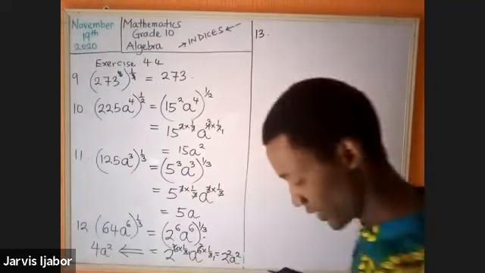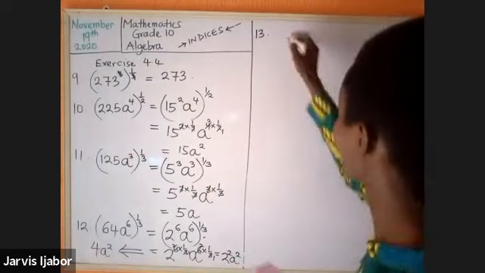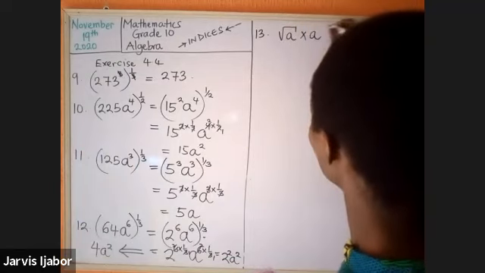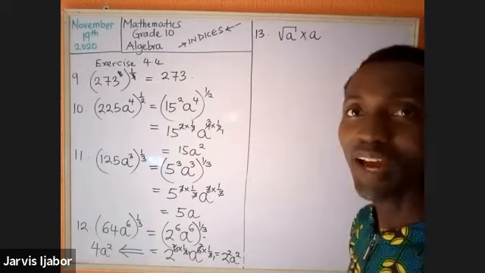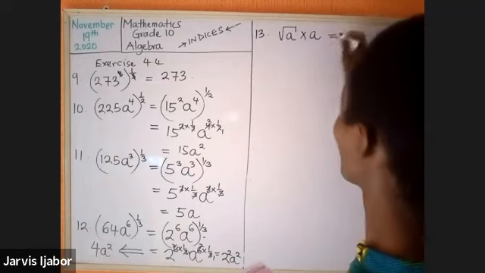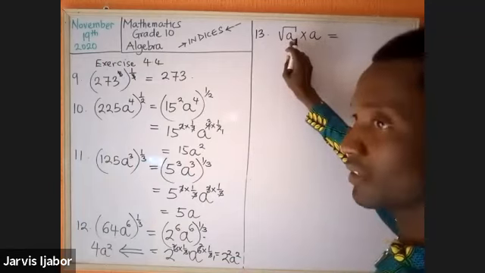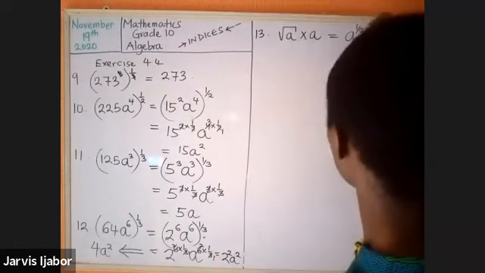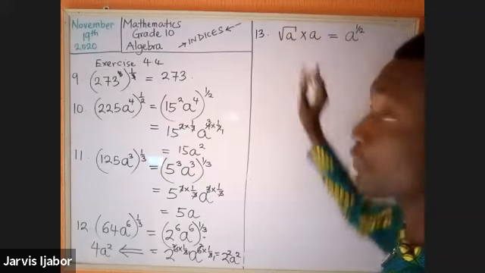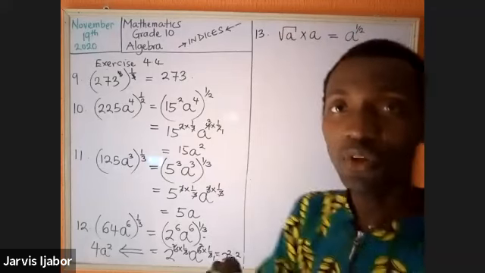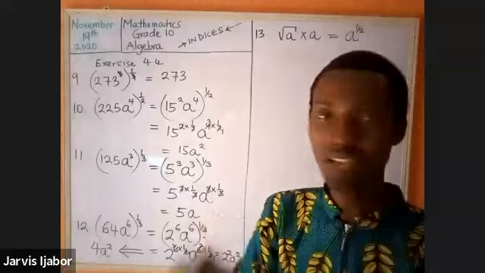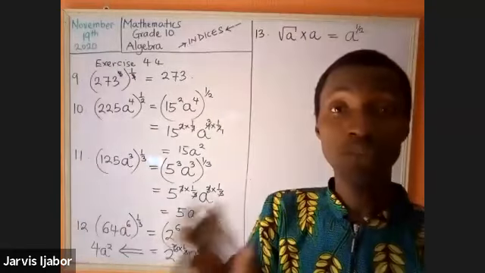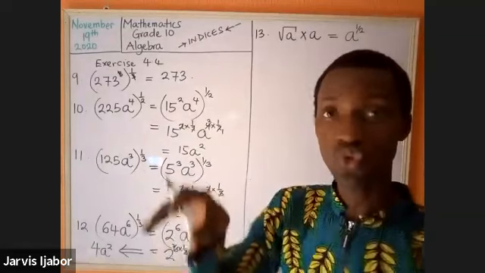Now in question 13, we are told to find the square root of A times A. How do we handle a question like that? Quite simple. What is square root of A? Square root of A is A raised to the power of half. I've told us before that the concept of square roots or roots means what? The index is what? A fractional index. Anytime you see fractional index, you usually would know that you're talking of roots.